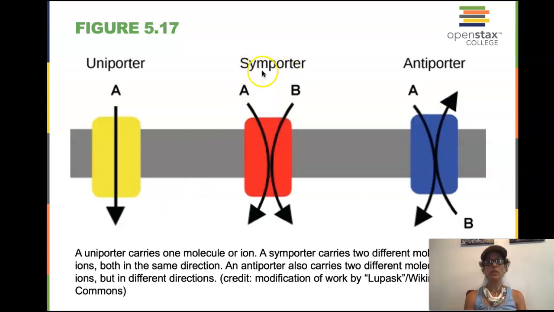Symporter means we are transporting two things together and in the same direction, because sym means together. So A and B are both going from the outside in. A different symporter might have C and D going from the inside out. An antiporter is one protein that's being used to transport one substance from the outside in and another substance from the inside out.